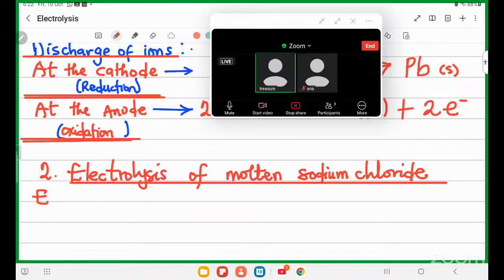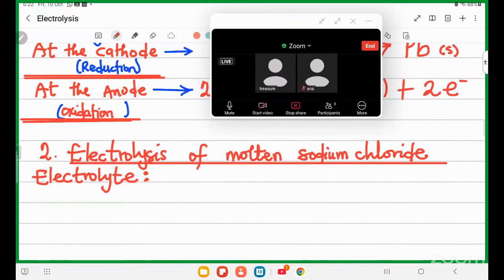Can you speak louder, please? Sodium chloride. So what is the formula for sodium chloride? NaCl. Good. NaCl. That would be the electrolyte.